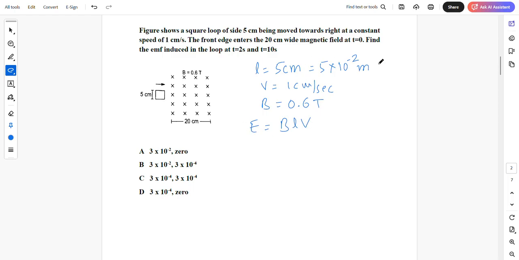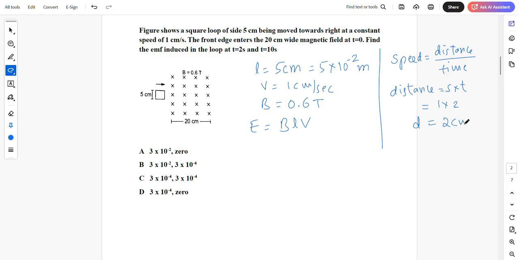Now, at t is equal to 2 seconds, we know that speed is equal to distance by time. So distance is equal to speed into time, that is 1 into 2 seconds, which is 2 centimeters.